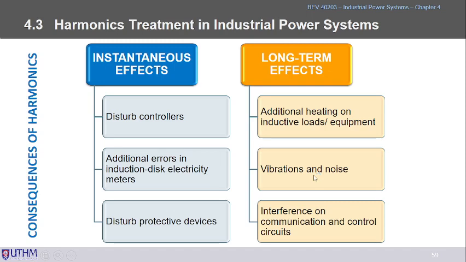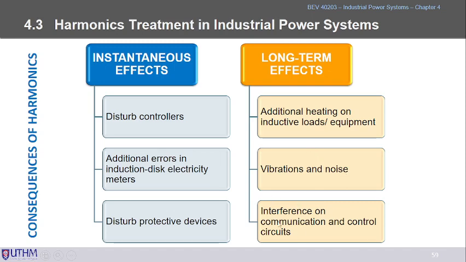Of course, when you zoom in on the harmonized waveforms, you will have a lot of different ranges of frequency waveform. With that, it will make audible noise and vibrations in the induction motor.